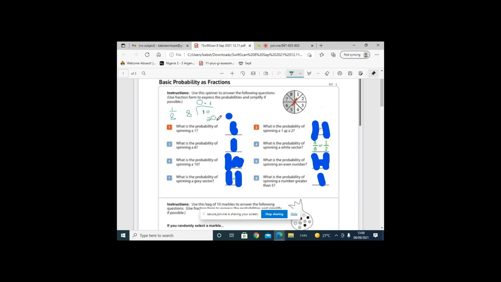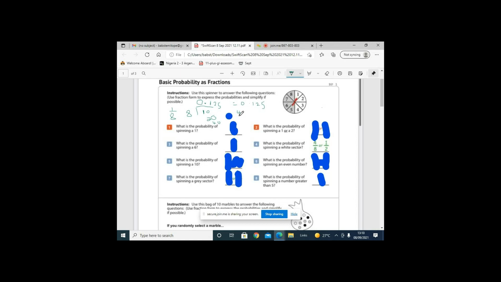How many 8s inside 20? 2, remaining 4, because it's 16. How many 8s inside 40? 5, remaining 0. So the answer is 0.125. I've expressed 1 over 8 as a decimal, and that gives me 0.125.